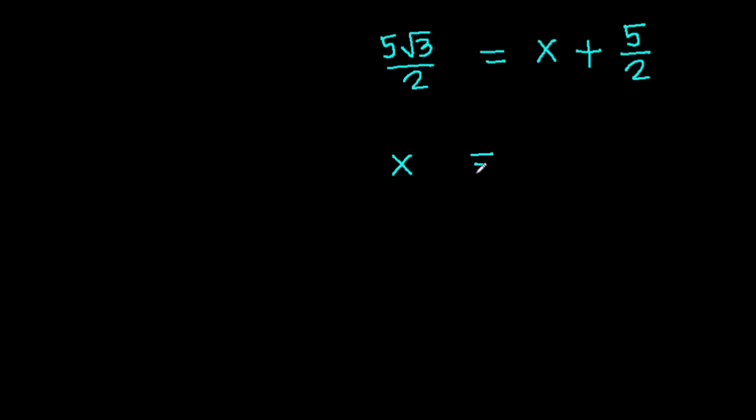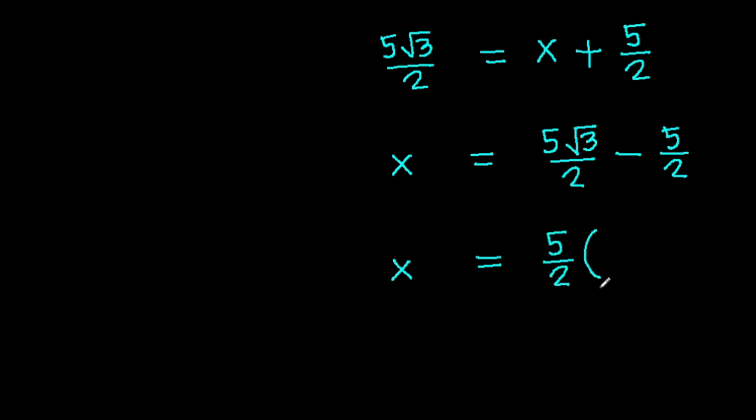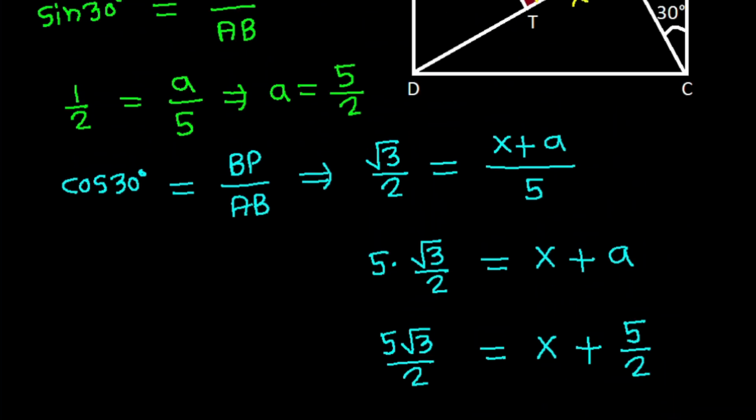So x will be 5 root 3 over 2 minus 5 over 2, and we can take 5 over 2 common, and it will be root 3 minus 1.